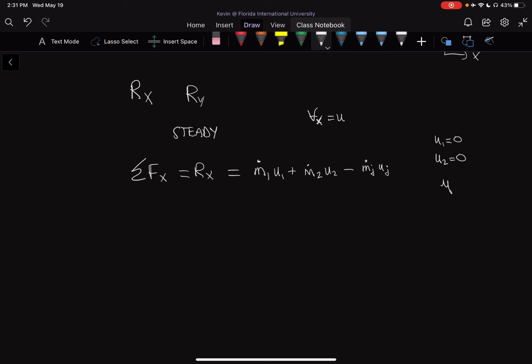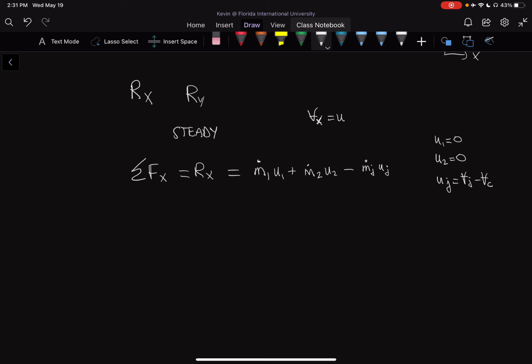And uj, which is moving in the x direction, would just be vj minus vc. Everything is moving in the x direction for the jet entrance. So we have vj minus vc.